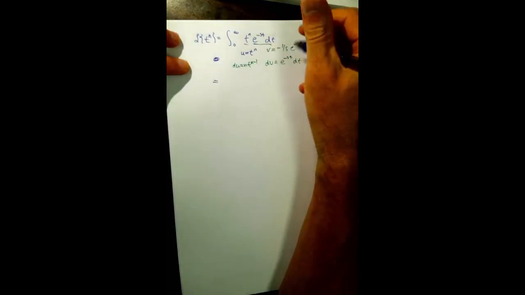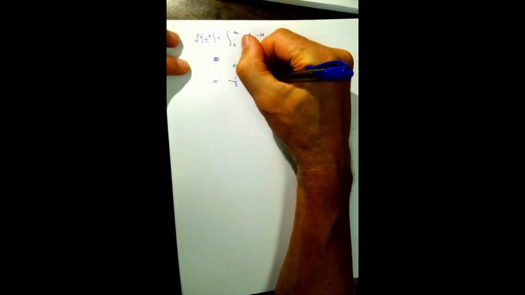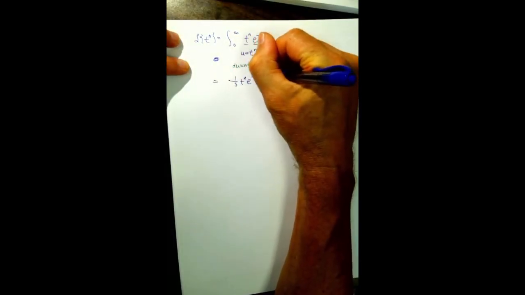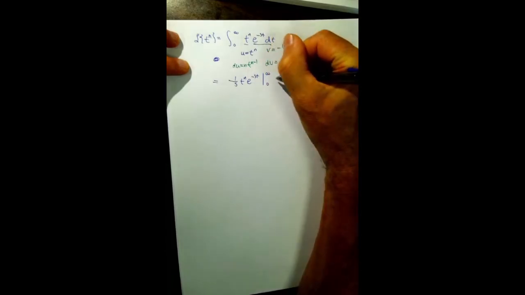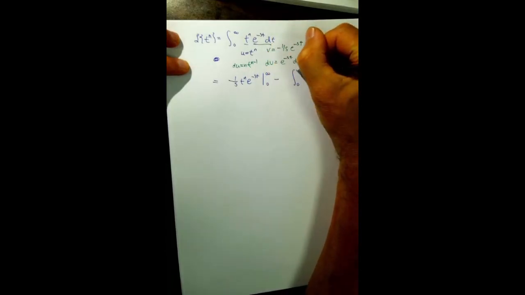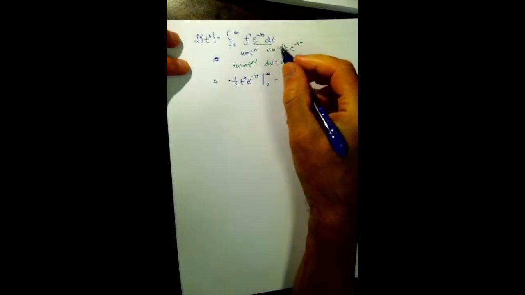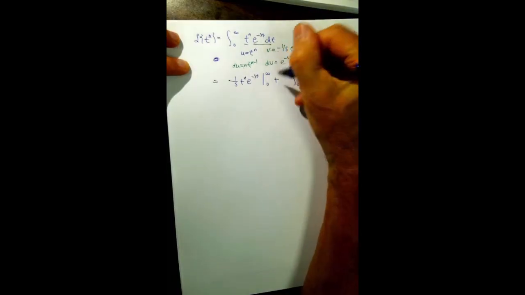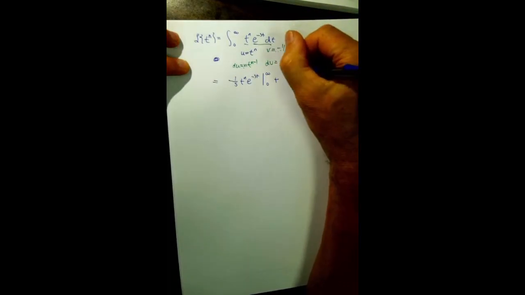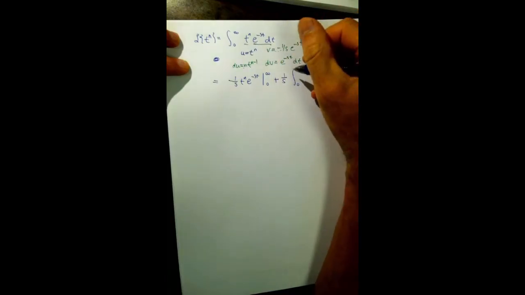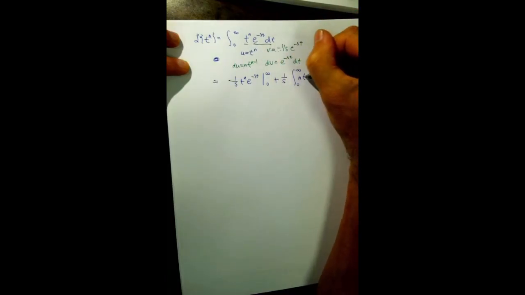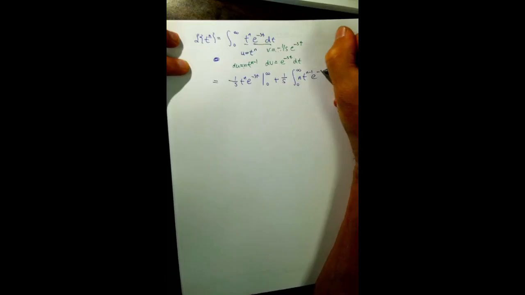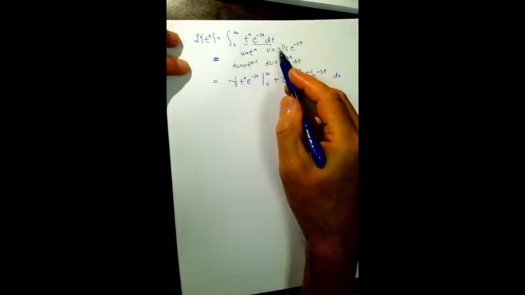So this becomes uv. So I'll get minus 1 over s, t to the n, e to the minus st from 0 to infinity, minus the integral from 0 to infinity of v du, so minus a minus because of that. I can pull out the 1 over s and get n t to the n minus 1 e to the minus st from v du.